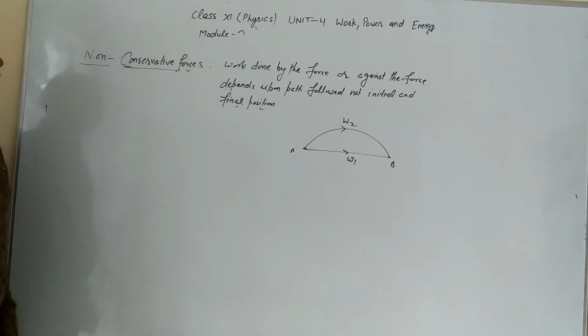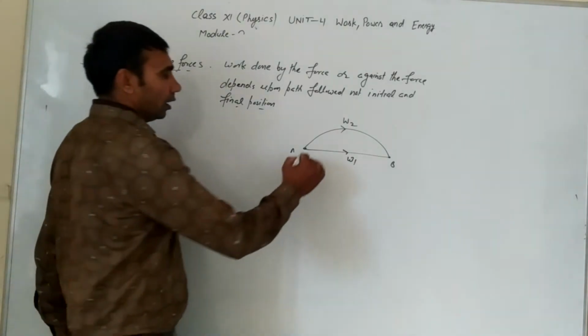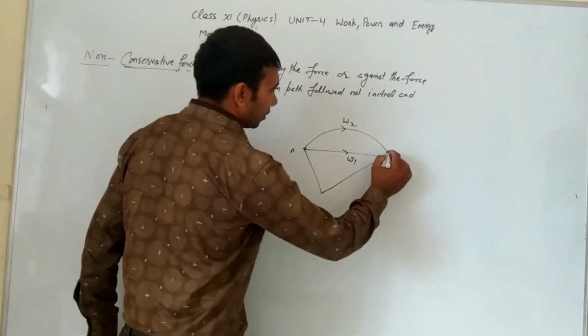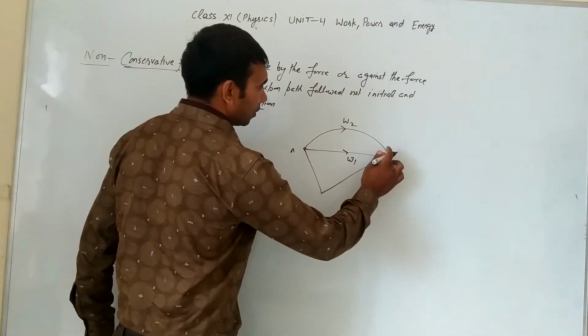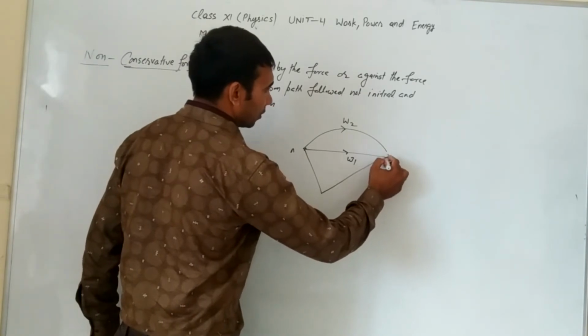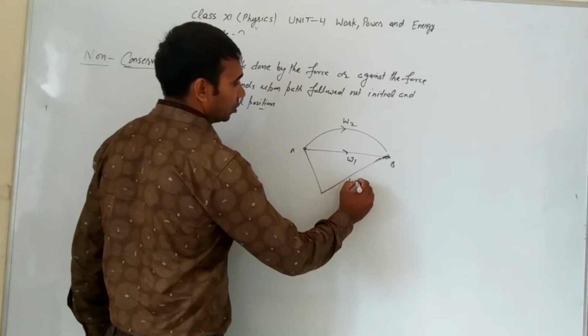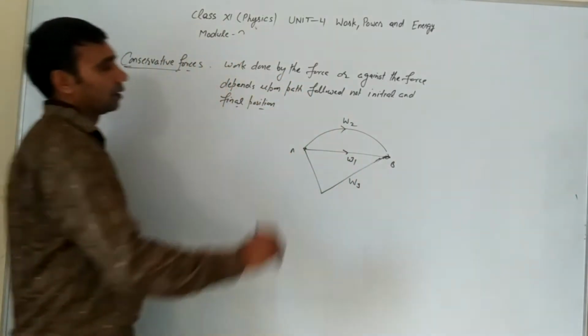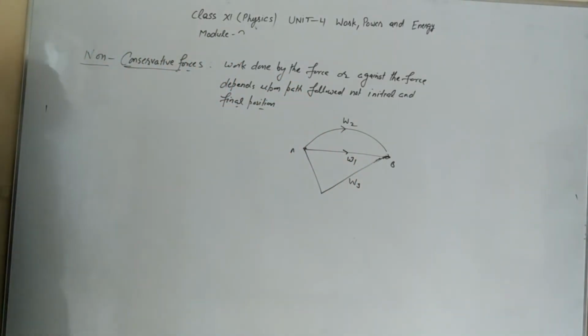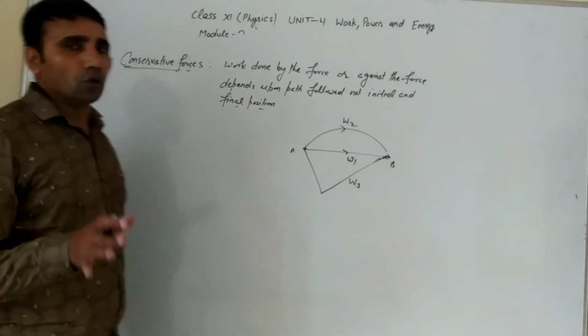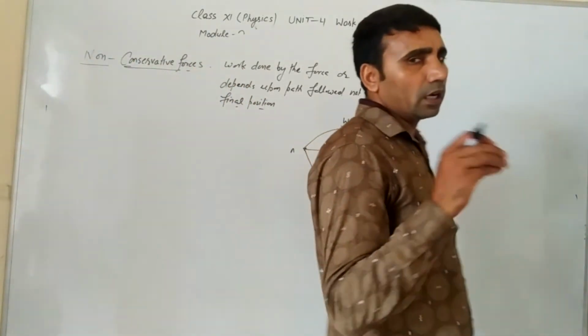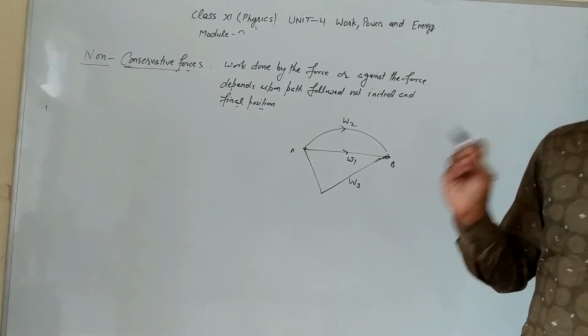The work done to move the body along a third path is W3. For non-conservative forces, the work done by the force depends upon the path followed.